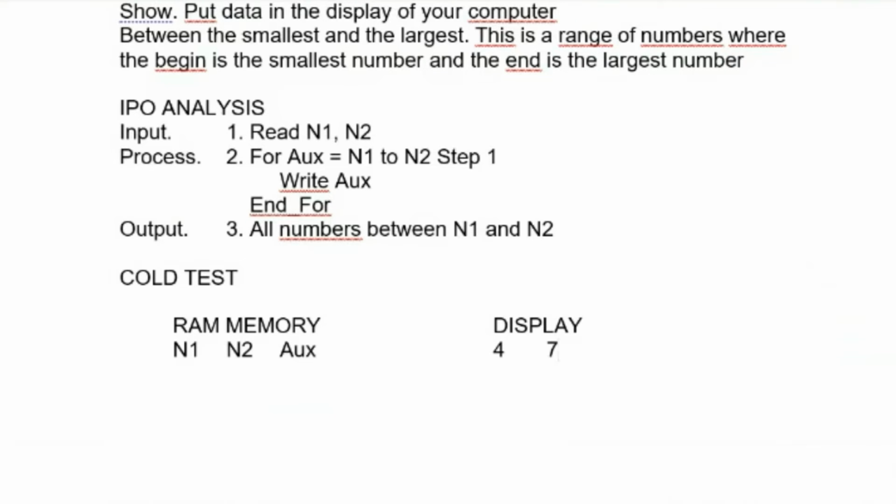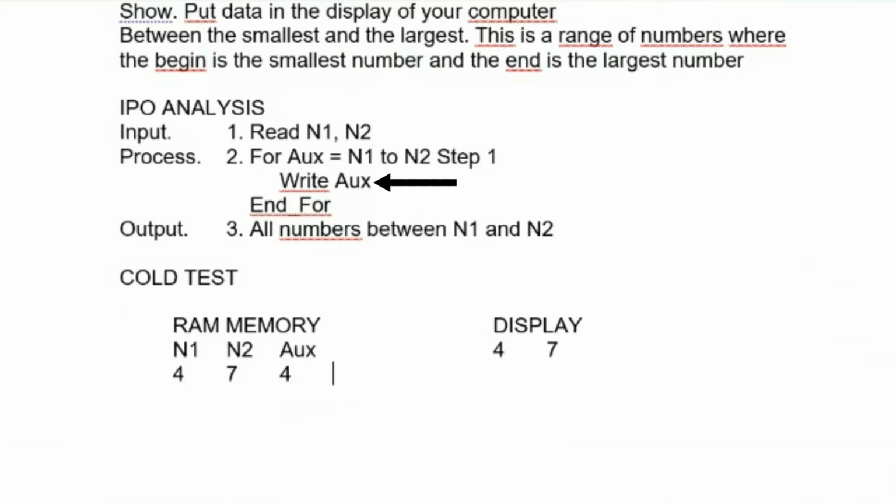Okay? So number 4 will be stored in N1 and number 7 will be stored in N2. Step number 2. For aus is equal from N1, so aus stores number 4, to N2, and N2 is 7.